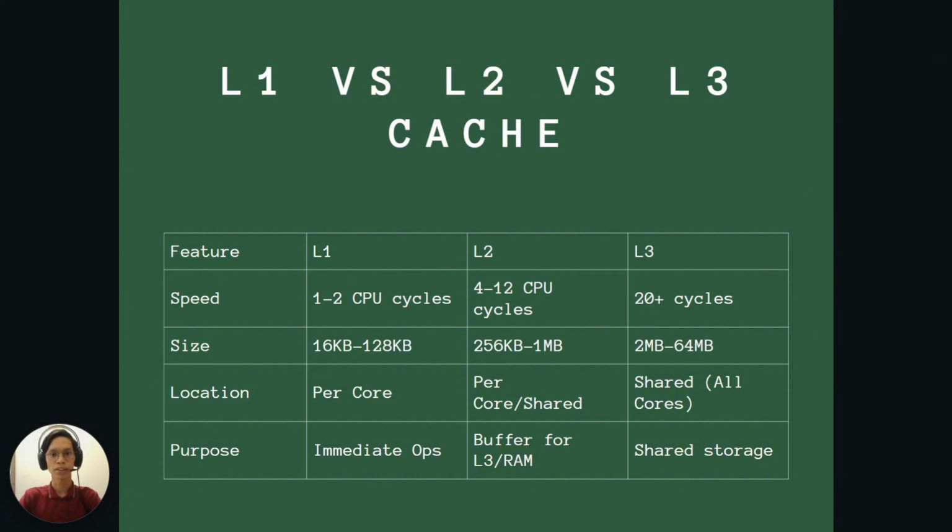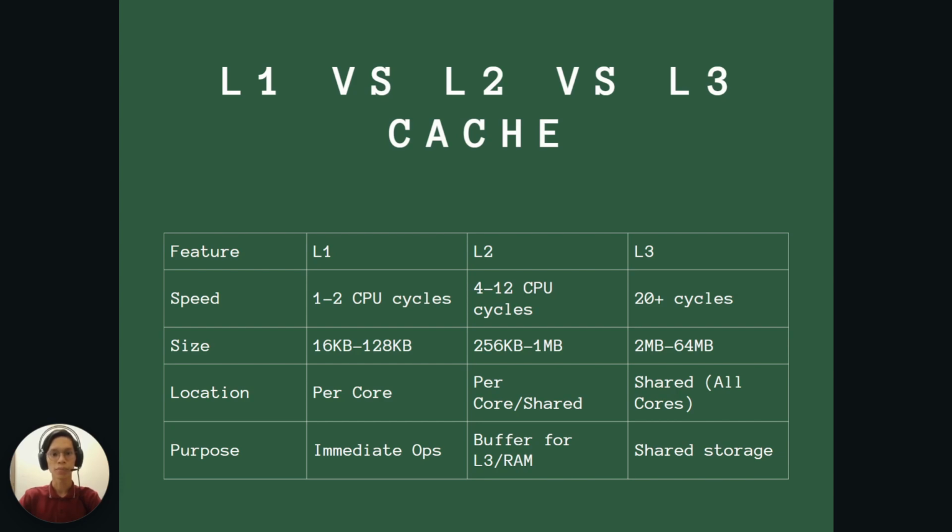The locations are at each core, and the purpose is immediate operations. For level 2, there are more CPU cycles, from 4 to 12, increasing the size as well to 256 kilobytes to 1 megabyte.